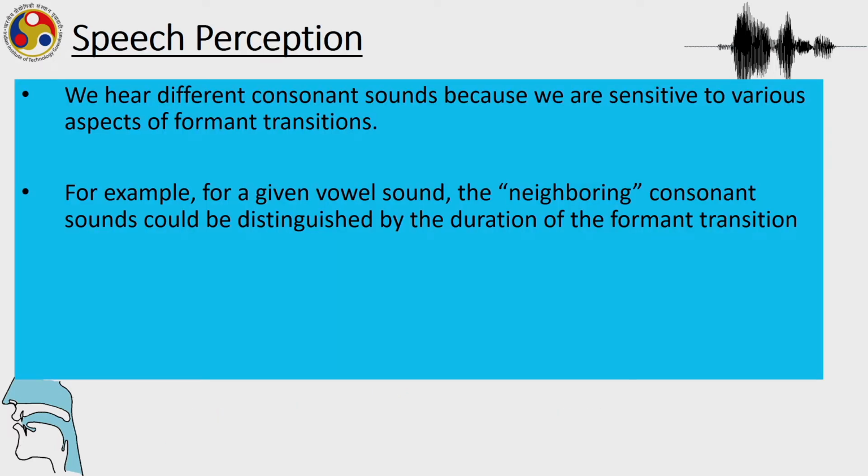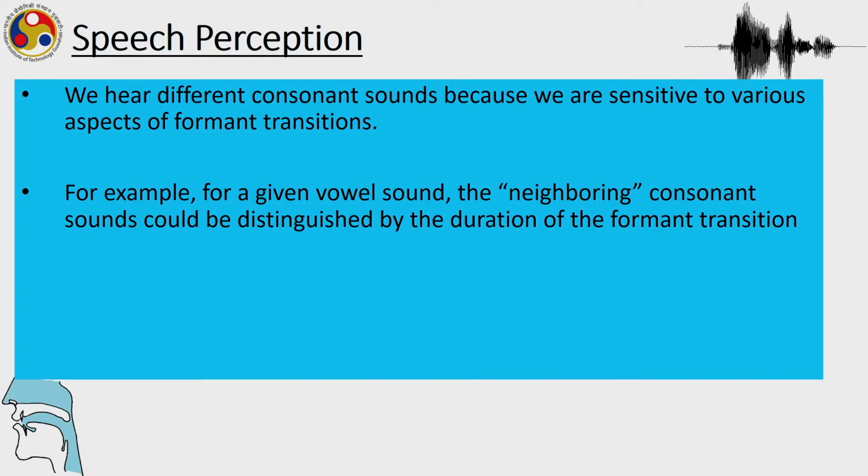We hear different consonant sounds because we are sensitive to various aspects of formant transitions. But even for one sound, there are different formant transitions, and we are sensitive to minute differences in formant transitions for the same consonant. For example, for a given vowel sound, neighboring consonant sounds could be distinguished by the duration of the formant transition; apart from the movement of rising and falling, it's also duration which plays a role.